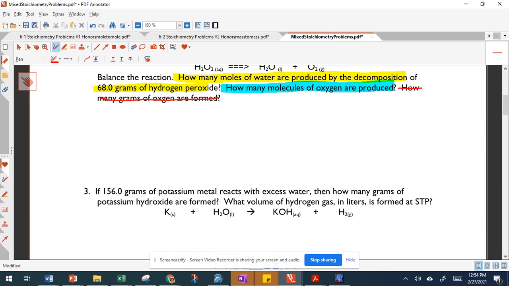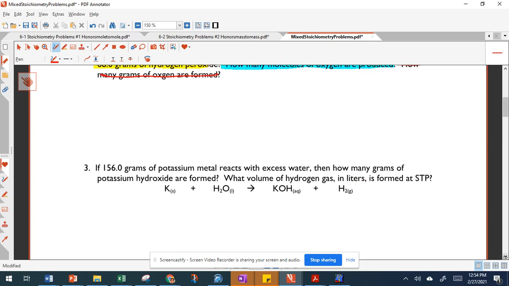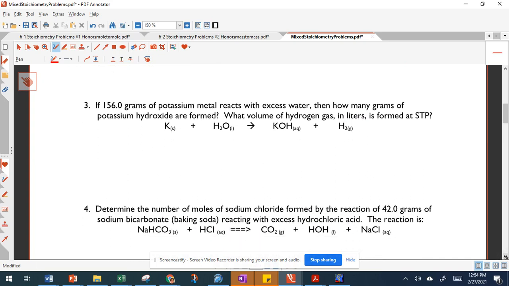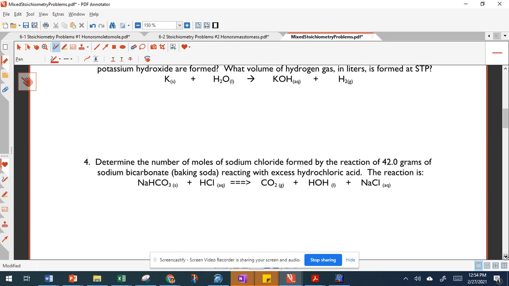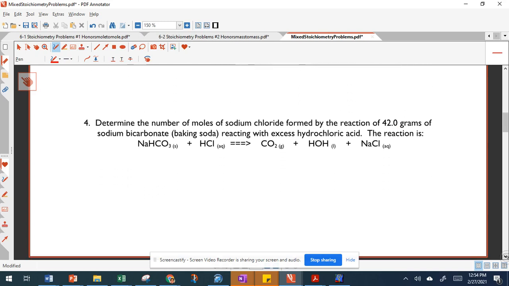So this one is just like what we did in one of the previous problems. So you don't have to do anything with number 3 unless you want some more practice. If you look at this one, this is a grams to moles. We've already done a grams to moles. So again, you should only do that if you need additional practice.